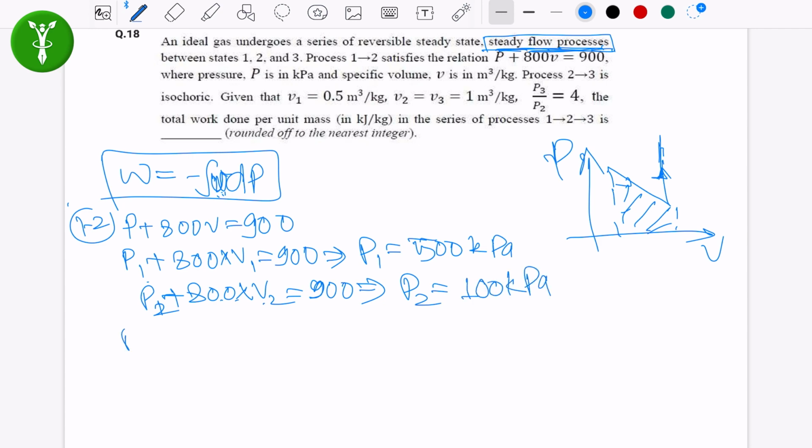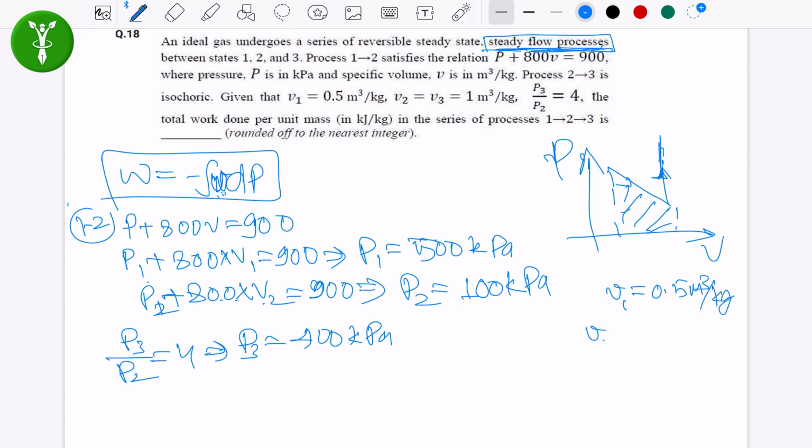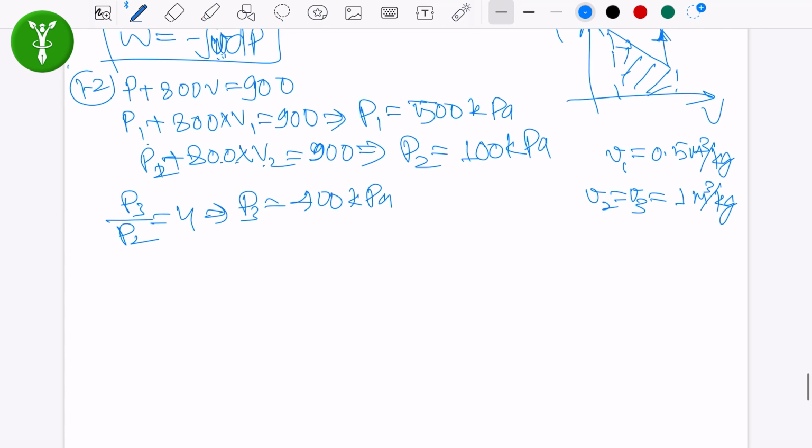Also P3 by P2 is 4, so P3 will be 400 kilopascal, right? And here V1 is 0.5 meter cube per kg, and V2 and V3 are 1 meter cube per kg. Now see how you have to calculate.